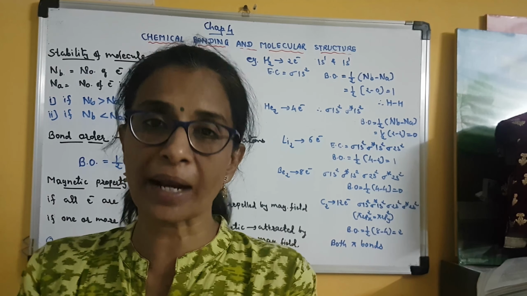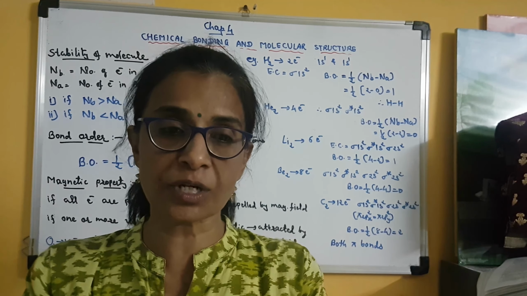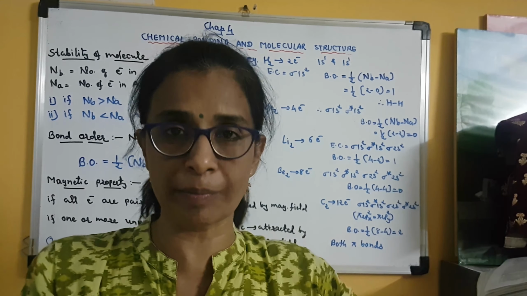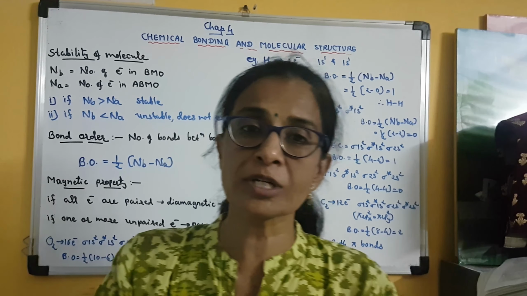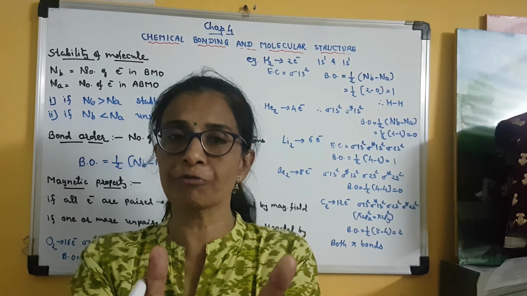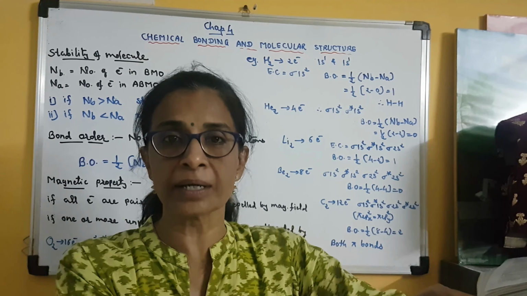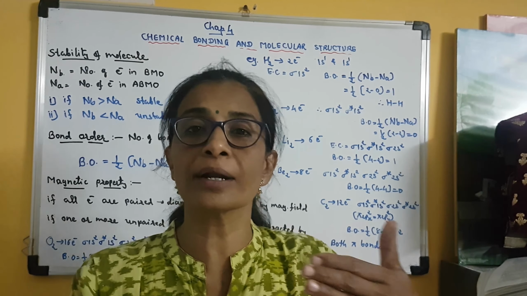So that is called paramagnetic. But if the substance is brought near a magnet and it is repelled, it moves away from the magnet, or when the substance is placed in an external magnetic field and it moves away from the field, means it is repelled, then that substance is called diamagnetic.